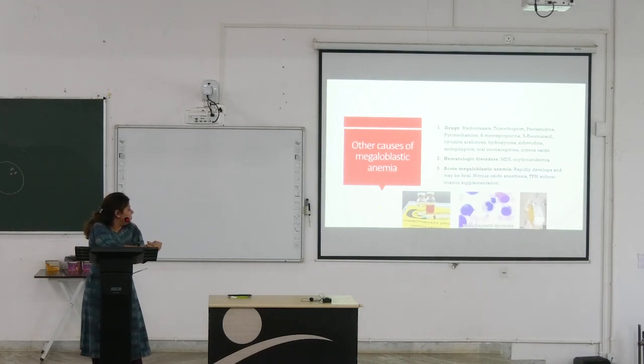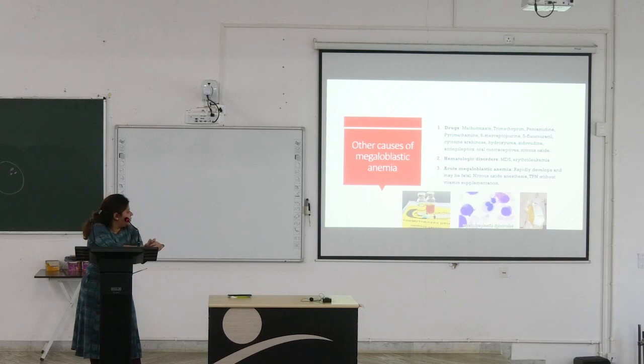Other causes of megaloblastic anemia, this is what I told. Suppose there is not vitamin B12 deficiency or even folate deficiency. The person is not responding to even vitamin B12 or folate. That can be due to some drugs. Drugs like chemotherapeutic drugs, methotrexate, trimethoprim.